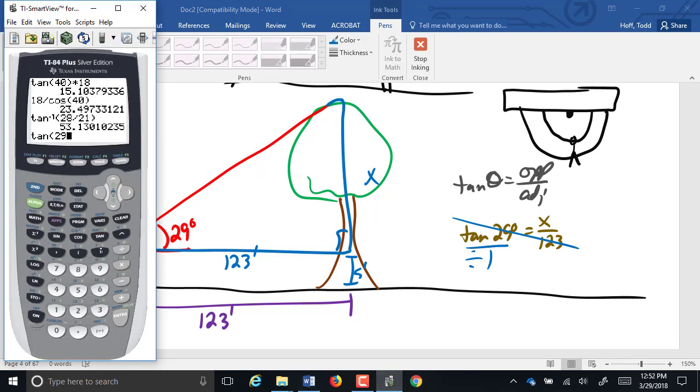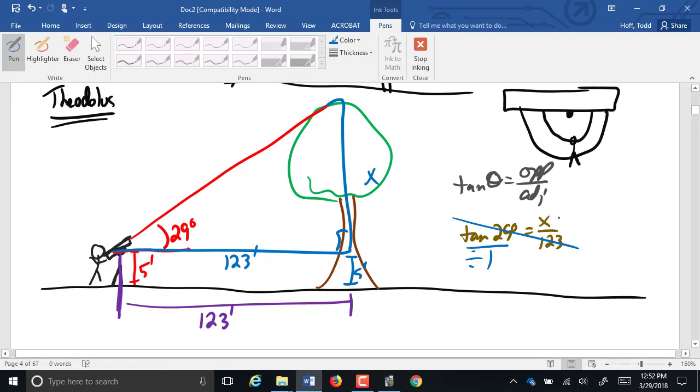Tangent of 29, make sure we close that parentheses, times 123. We don't have to divide by 1. It doesn't change it. It's 68.18 feet. So the height of the tree is that plus 5. That's a decent sized tree.